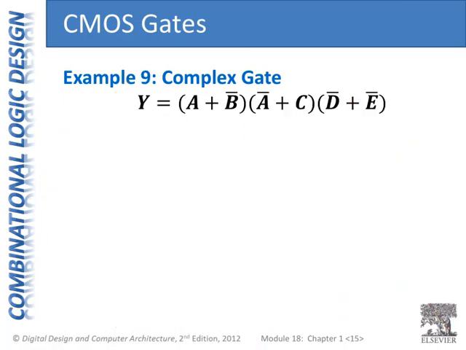So here's another example complex gate that we want to build using transistors. And so we can take this equation and go ahead and immediately implement it.